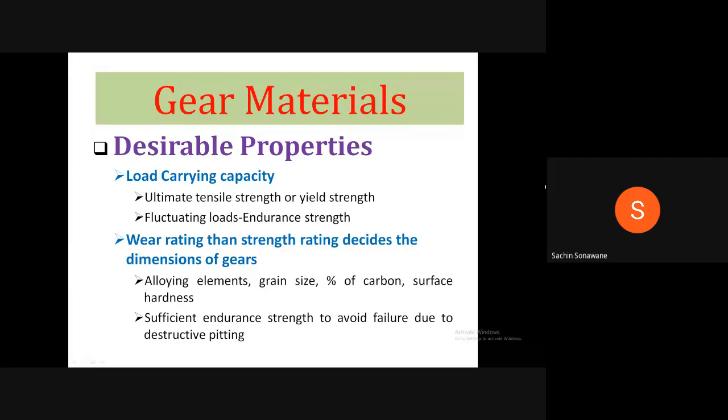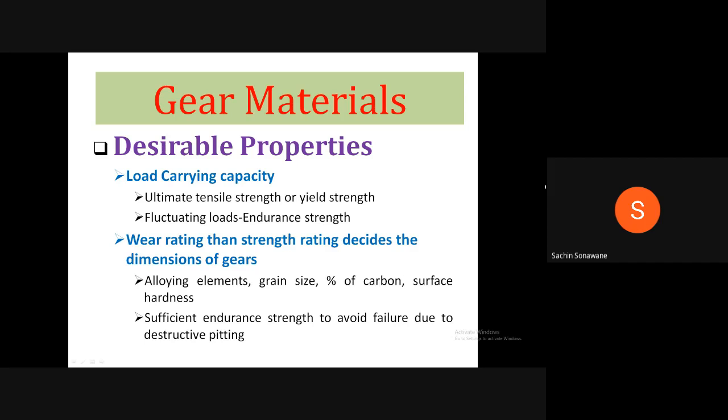By alloying different elements, we increase the strength of the original material. Also, we use a heat treatment process so that the upper surface of the gear teeth is hardened, so that they can withstand the different forces while transmitting motion and power. Therefore, these are some of the applications of gears.